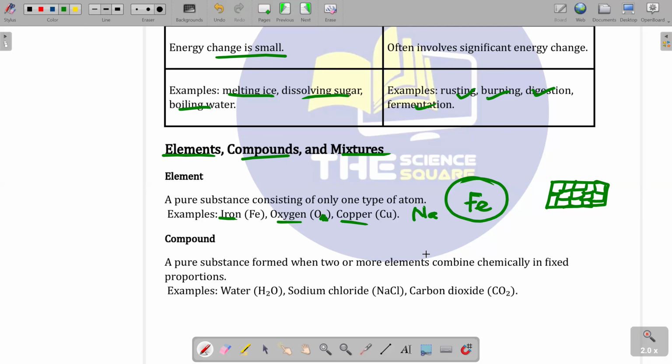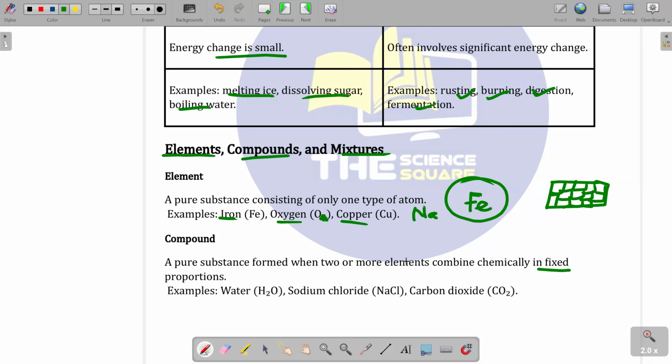While a compound is a pure substance formed when two or more elements combine chemically. That's what we refer to as a compound, and it usually involves a fixed ratio or fixed proportion. That's why compounds usually have chemical formulas, because the combination is in a particular fixed proportion. So hydrogen combines with oxygen in the ratio 2:1 to form water.